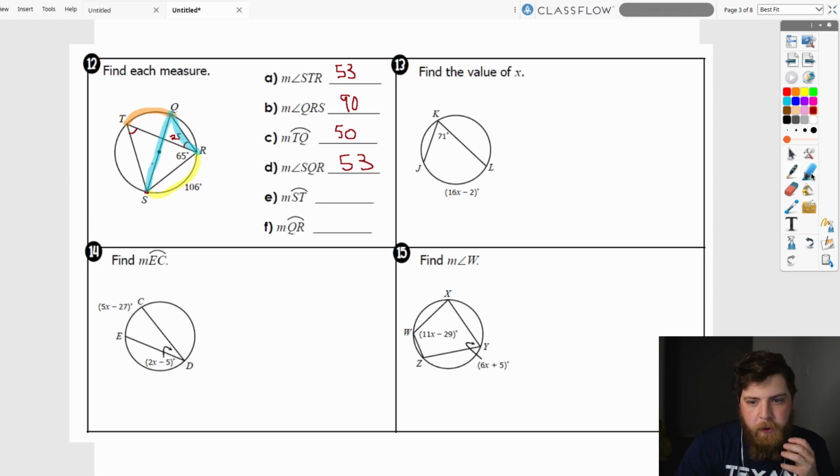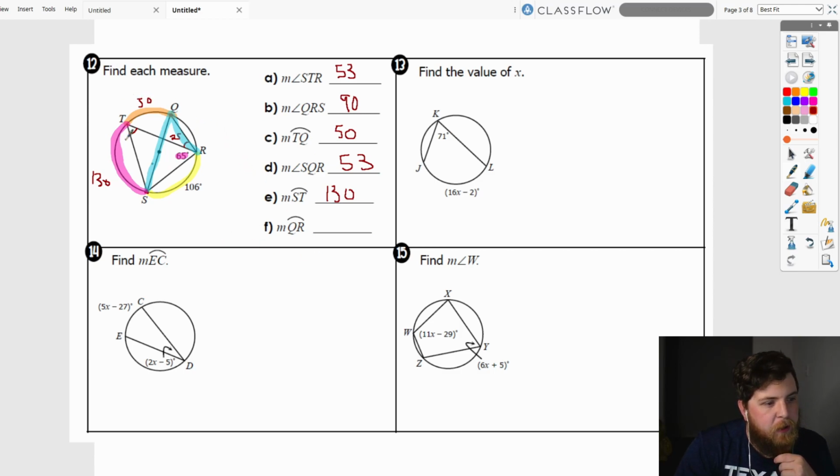So we're looking over here at ST. Golly, I can't draw a... There we go. ST is inscribed by this angle here at 65, which means this has to be 2 times 65, which gives us, what, 130? Yeah, 130.